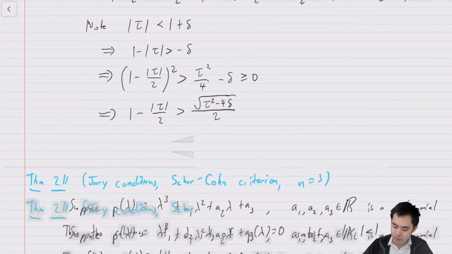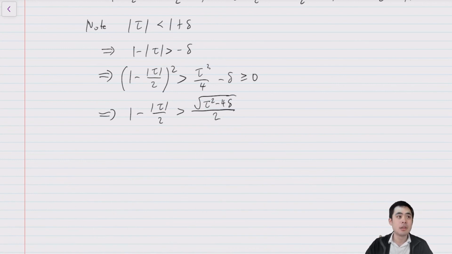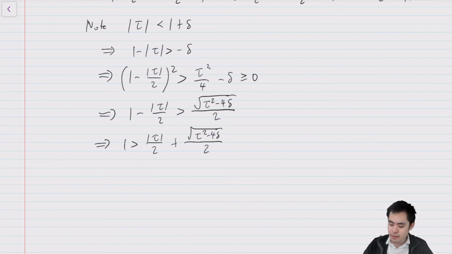Let's give ourselves a little bit more space. So that's over 2, which we can rearrange to being 1 is greater than |tau|/2 + sqrt(tau squared minus 4 delta)/2. And now this, of course, is greater than or equal to lambda 1.